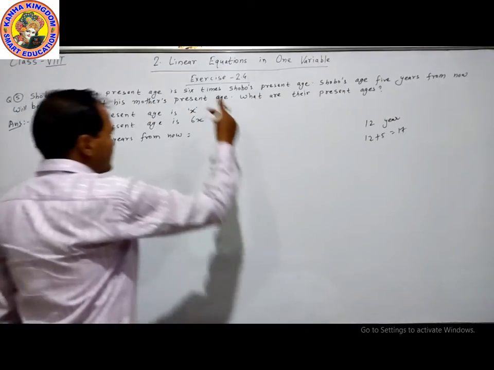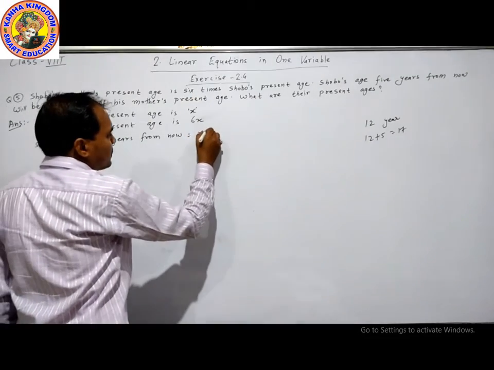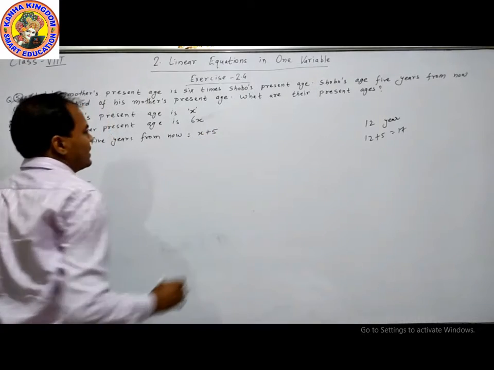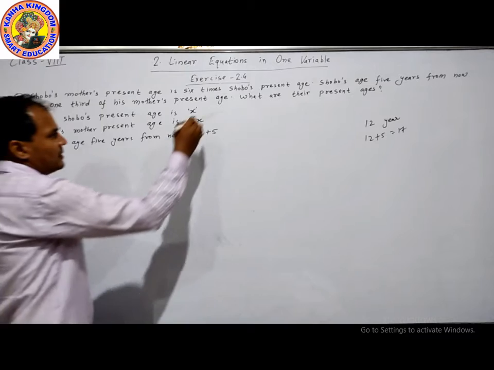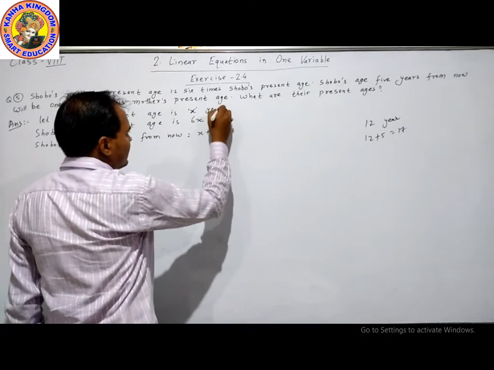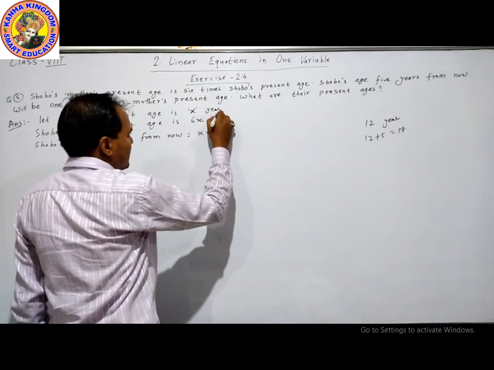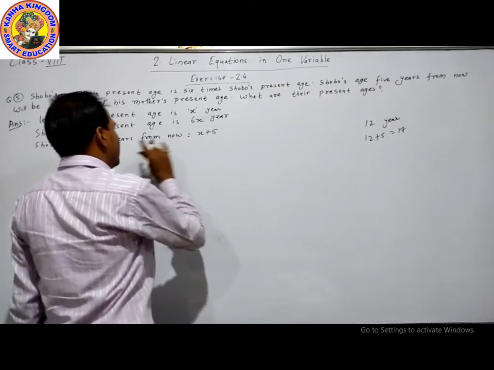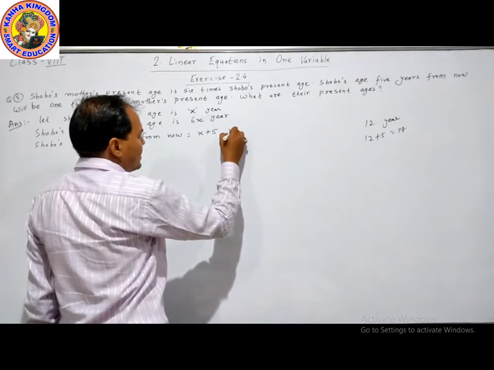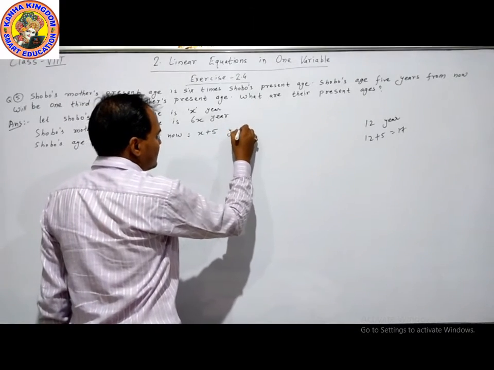So Sobo's present age is x, and 5 years from now this age will be x plus 5 years. Okay students, Sobo's age is x, mother's age is 6x, and 5 years from now Sobo's age is x plus 5 years.